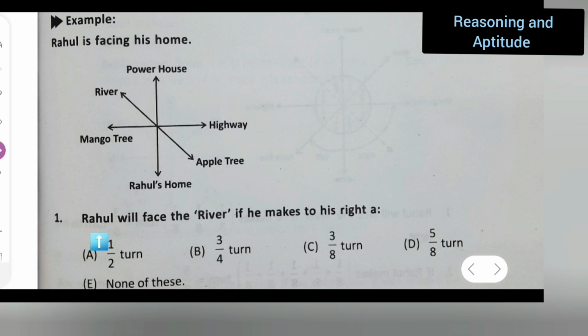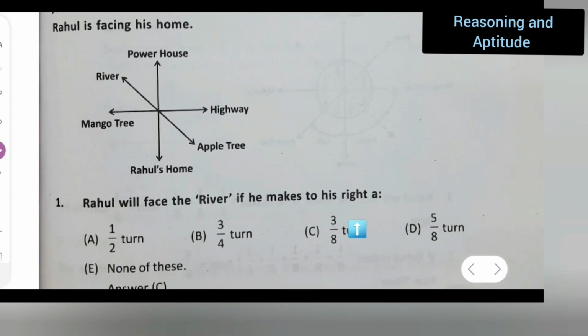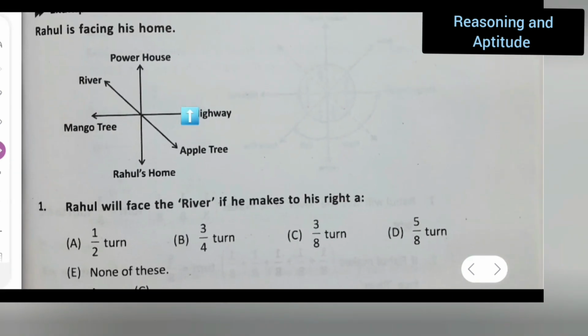Now what is the first question? Rahul will face the river if he makes to his right a 1/2 turn, or 3/4 turn, or 3/8 turn, or 5/8 turn, or none of this. So Rahul will face the river if he makes a right turn. Right turn means it should move to the right side, right?